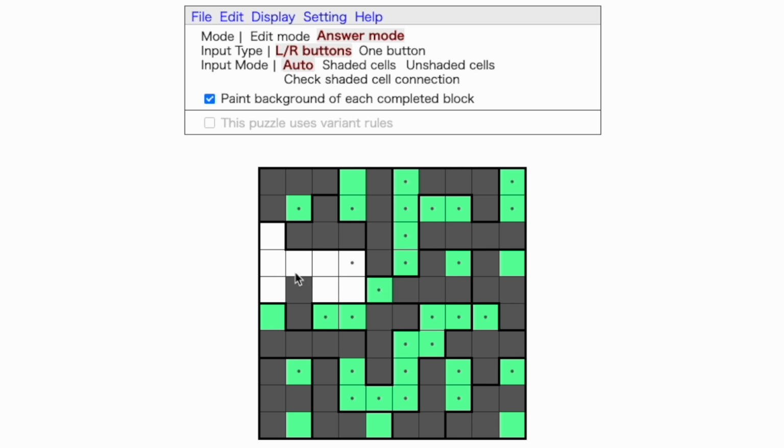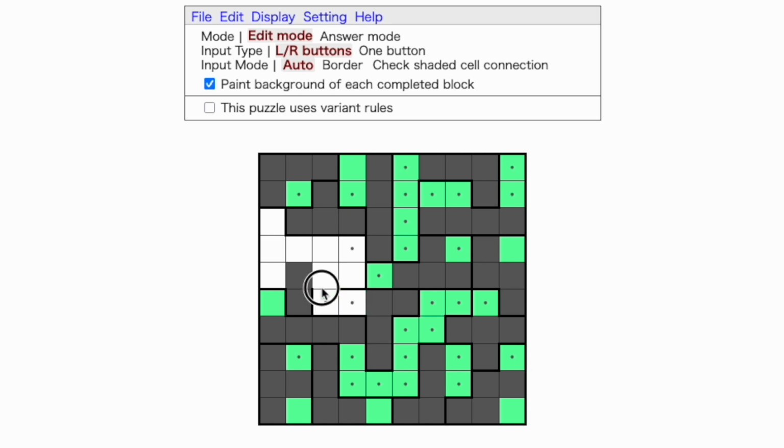I'm going to do something a little reckless and see what, and just bring this up like that, which may have blown up some of the logic.